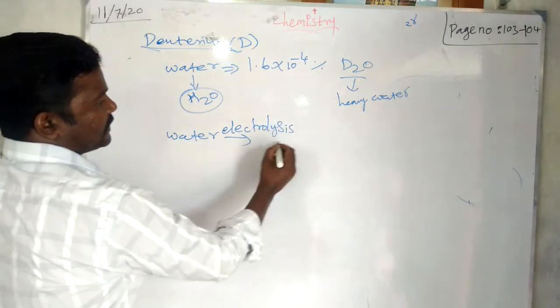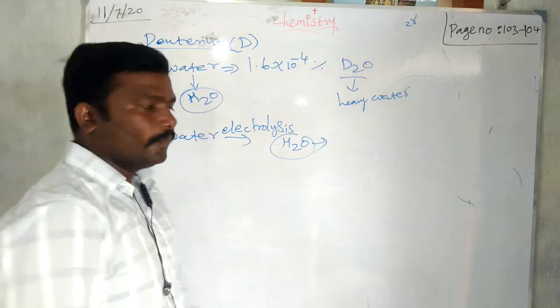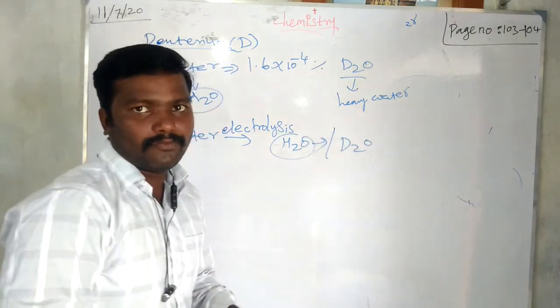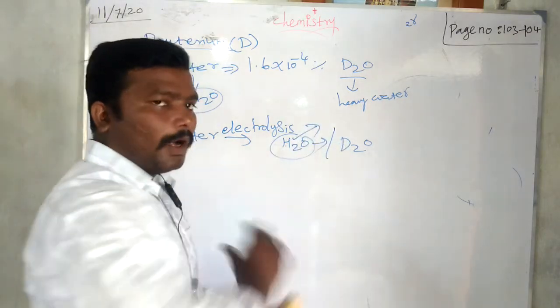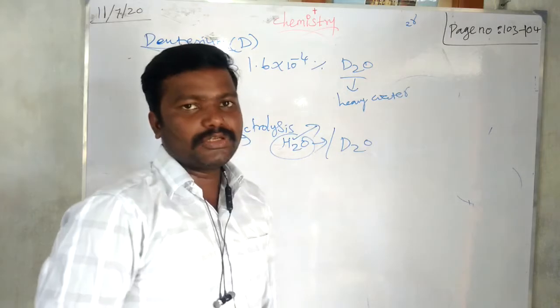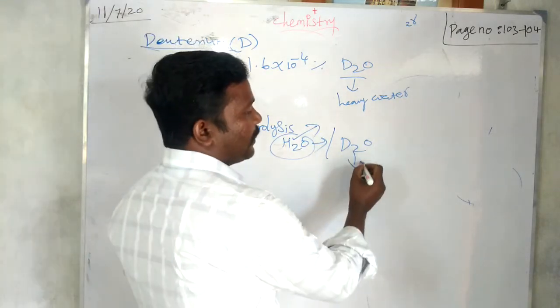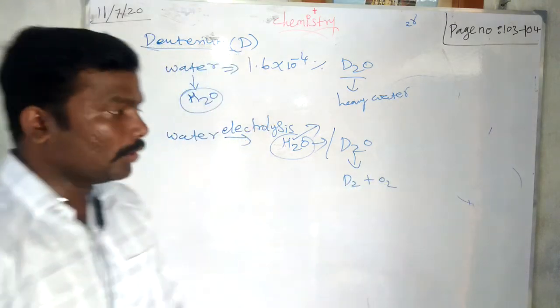After the electrolysis, first dissociation will take place with the H2O. If we take H2O and D2O, which one will go first? Dissociation of water. After all the water is gone, the D2O will be left out. So further if you heat, what will happen? D2 will come out and oxygen will come out, right?